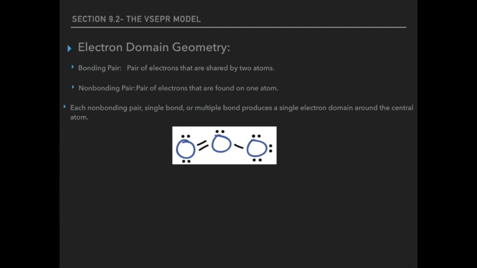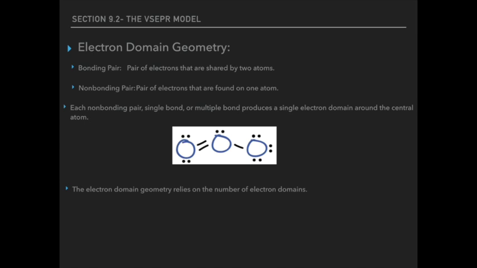So if you look at this example of ozone, notice on that central oxygen in the center, you've got a pair of non-bonding electrons, you've got a double bond, and you've got a single bond. And since each of those represents one single electron domain, the number of electron domains you have there is 3. Now, we're going to take that number of electron domains, and we can use that to determine the electron domain geometry.